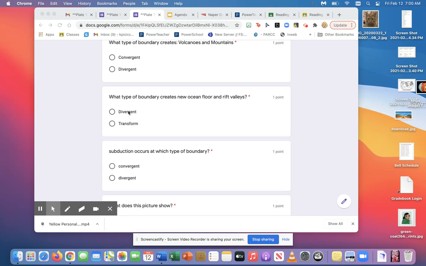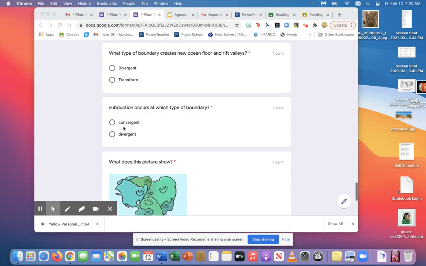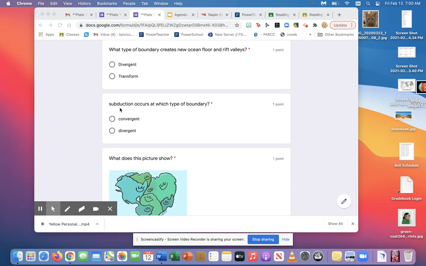Is it divergent or transform? Okay, two more questions to go. Subduction occurs at what type of boundary? So think about what sub means, right? A subway is an underground with trains, or a submarine goes under the water. So what boundary makes the most sense there? Convergent or divergent?